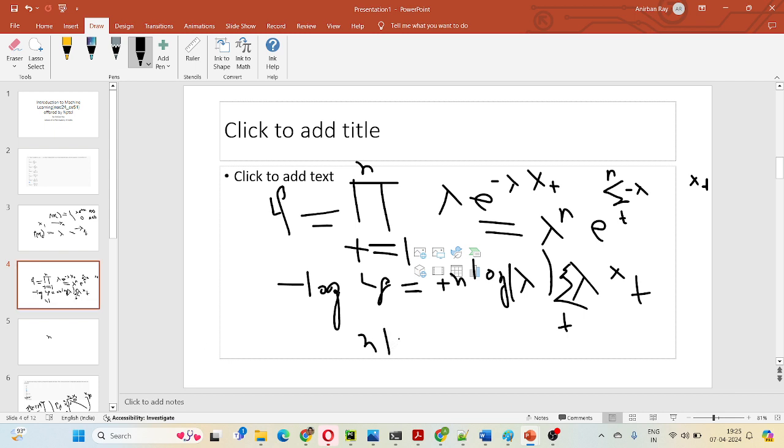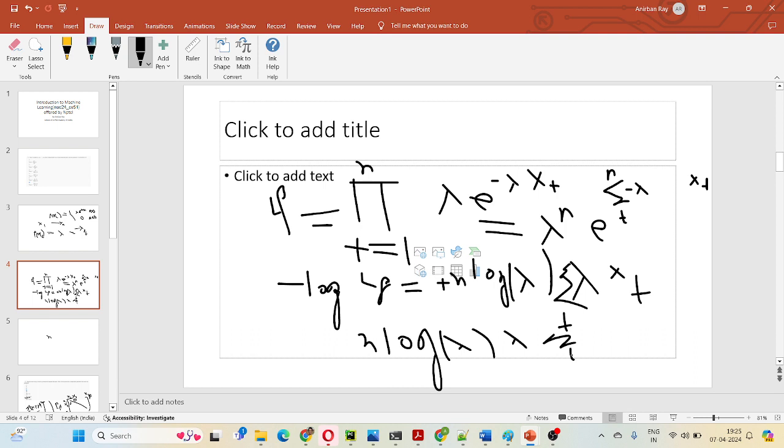Okay, so now as we're moving on, this is the log likelihood, and you take the lambda out as well, summation over t of x_t. You take the derivative with respect to lambda.